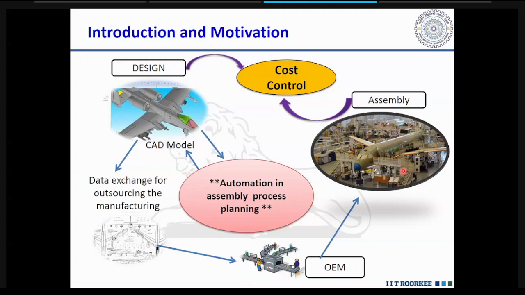So for these companies, the majority of the cost control is in the assembly operations. If they make mistakes at the design stage, they have to pay a huge amount of money. A lot of changes will be needed, and ultimately there are production delays and other problems. That is why it is necessary to automate assembly process planning.